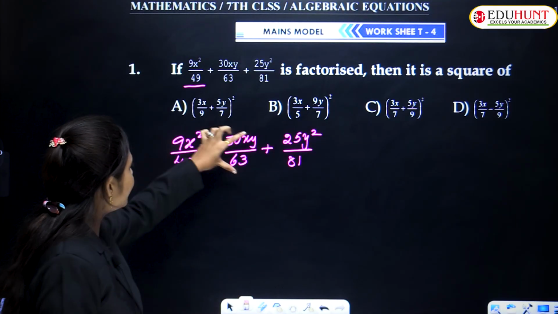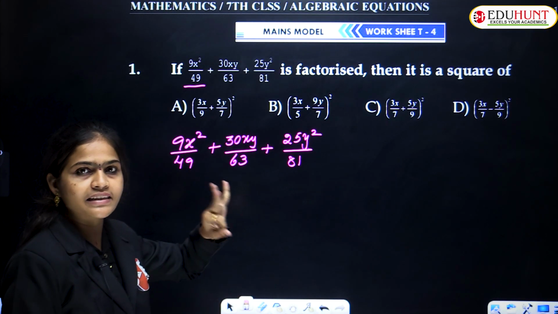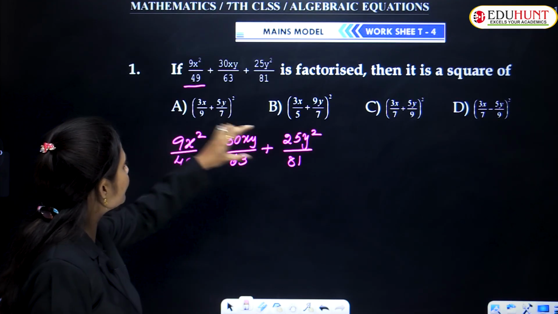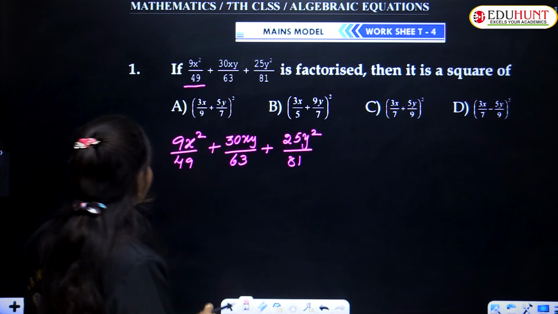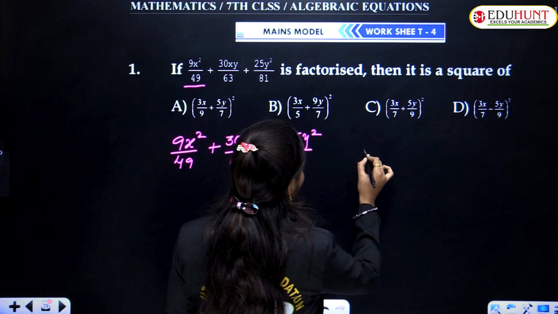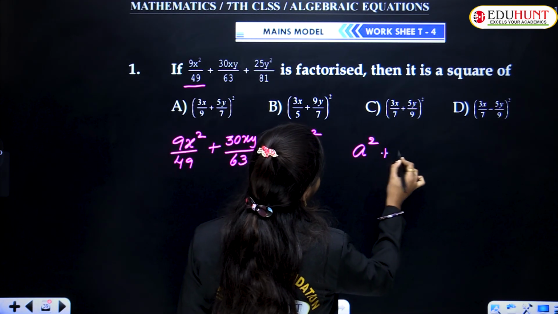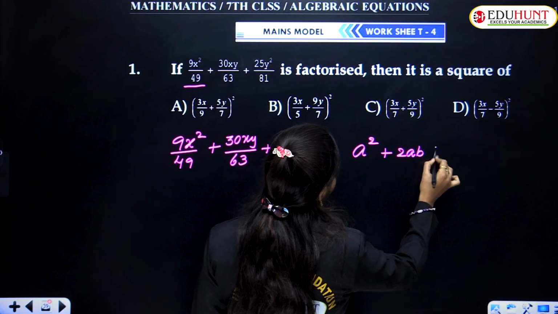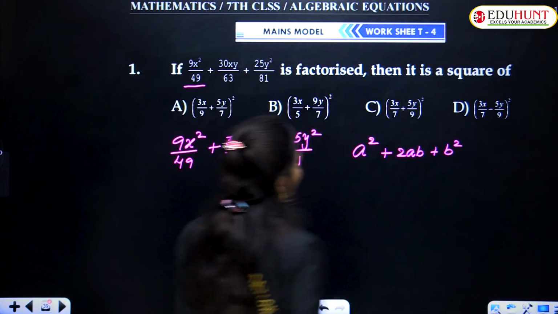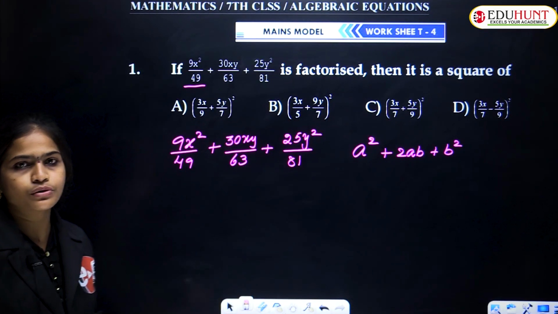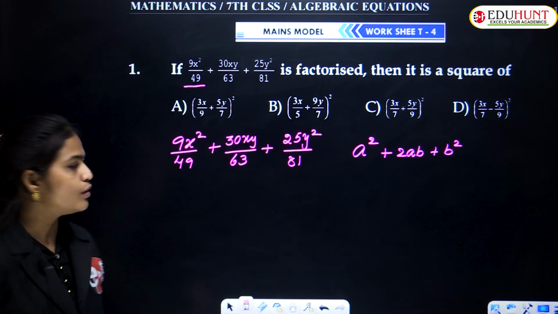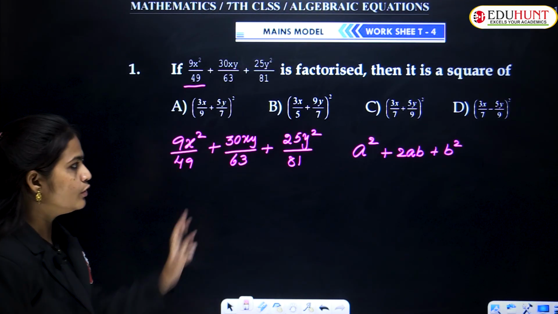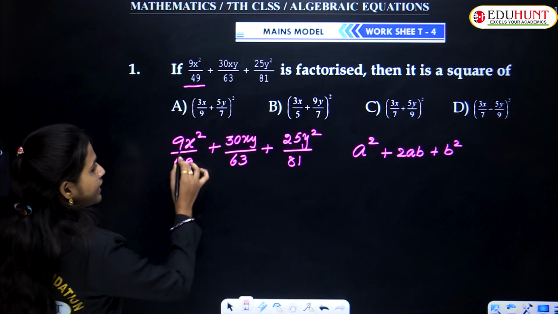We have 3 terms, and in between each term we have positive signs. So we make this in the form of a square plus 2ab plus b square. If there were negative signs, we would write the identity with a negative sign. In the same formula, I want to write this as a square.